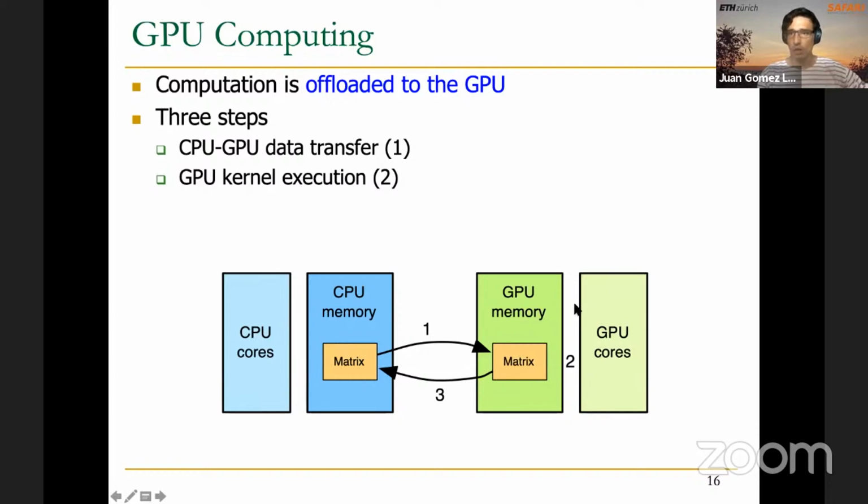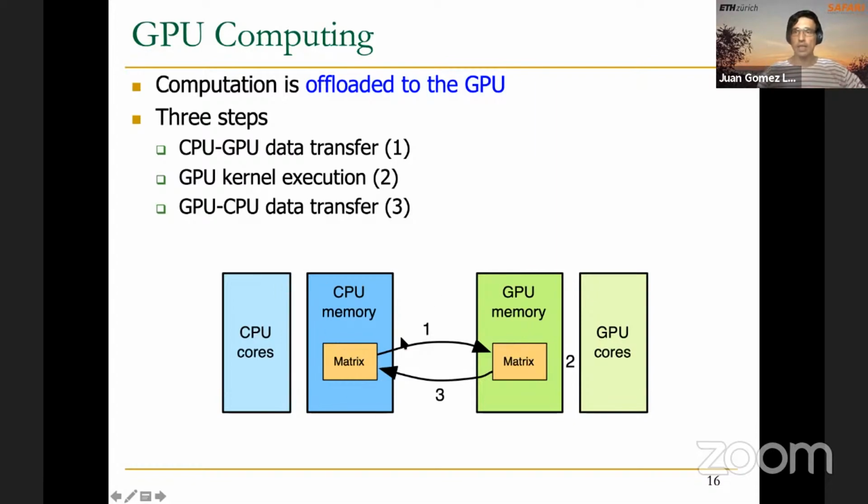It will take longer or shorter, and at some point all threads running on the GPU cores will finish the execution, and the control is returned to the CPU. Then it's time to retrieve the results that have been generated in the GPU memory, and to do so, we launch a data transfer from the GPU memory to the CPU memory.